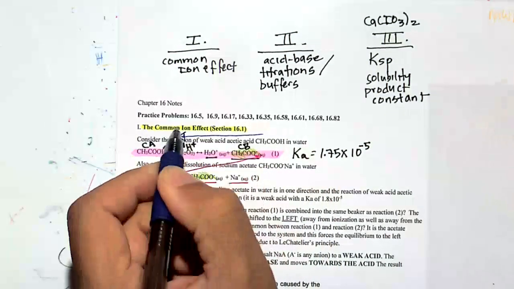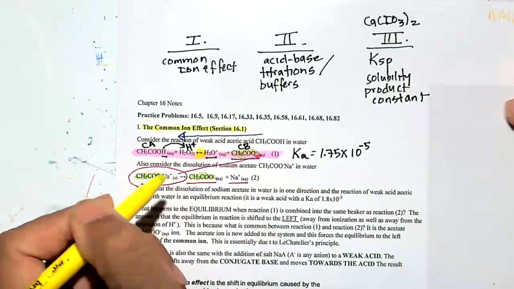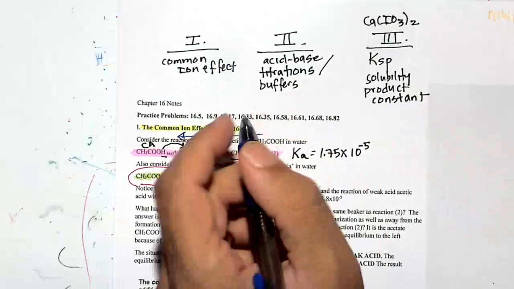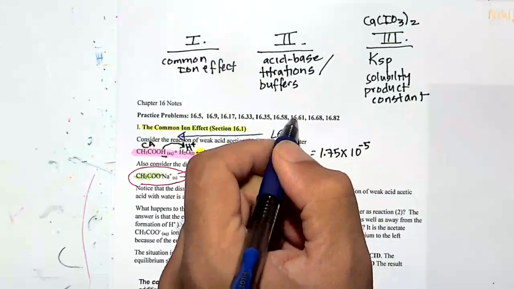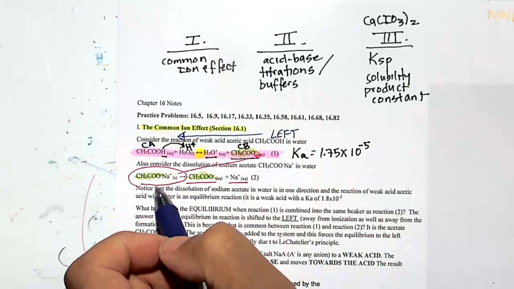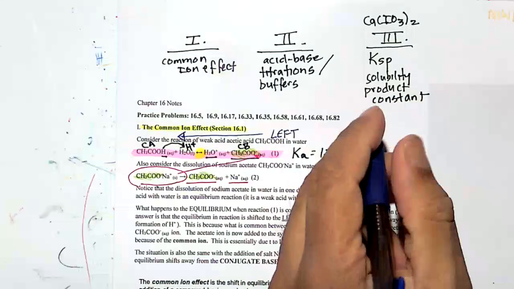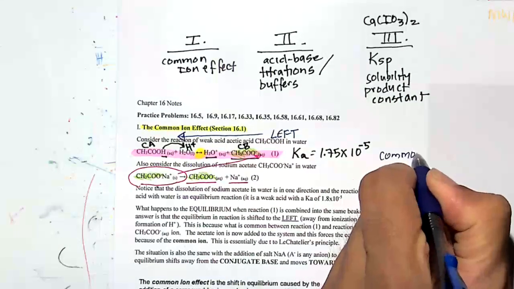It's going to shift the equilibrium. Look at the arrows. It's going to shift the equilibrium away from the ions, and in this case, that is the left. Right, so take some sodium acetate, add it to acetic acid, it will shift to the left, and the common ion here is acetate.